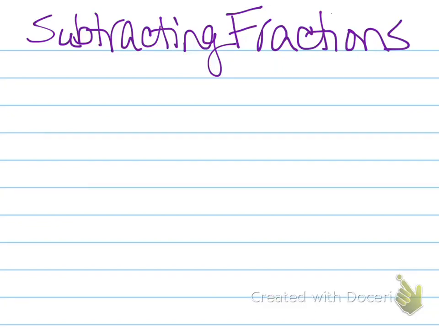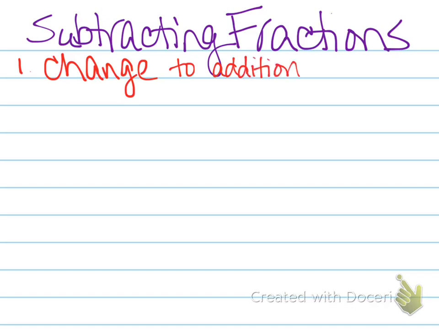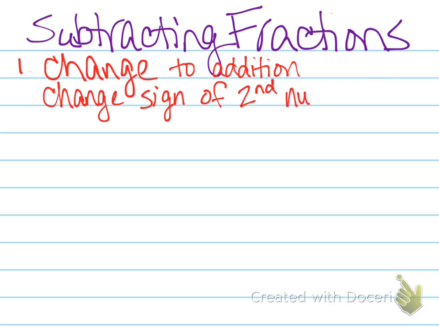All right, the first thing you need to do when we're talking about subtracting fractions, just like yesterday with the subtraction piece, we need to change subtraction to addition and change the sign of the second number.